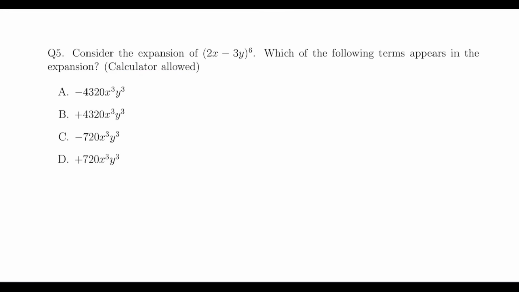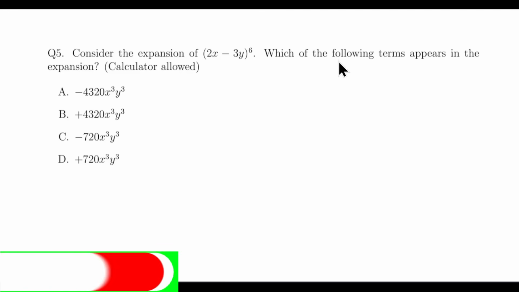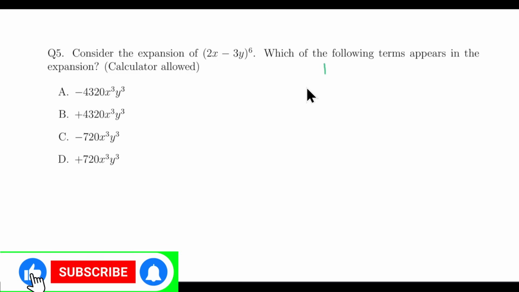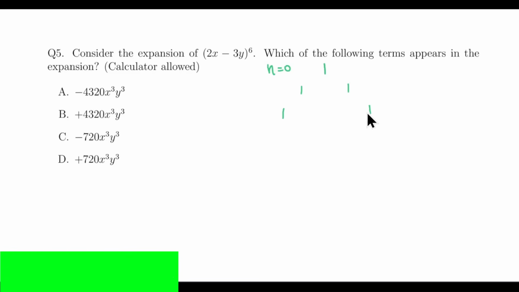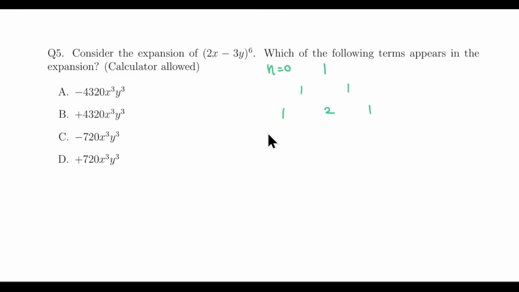Okay, guys, I hope this is all about remembering how to make a Pascal's triangle. So you start with 1, which corresponds to n equal to 0, where n is the power. Then you keep on making 1, 1, then you add 1 and 1, 2, then put 1, 1, 1 and 2 is 3, 1 and 2 is 3. So n equal to 1, n equal to 2, n equal to 3.